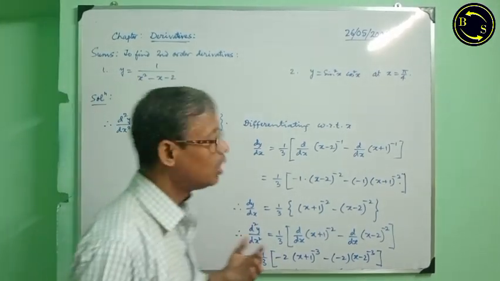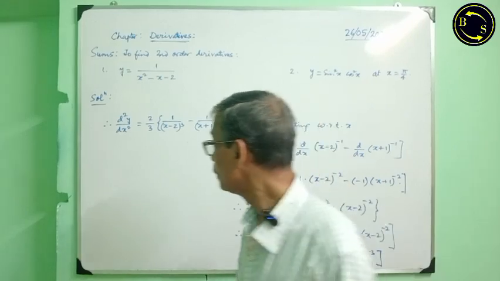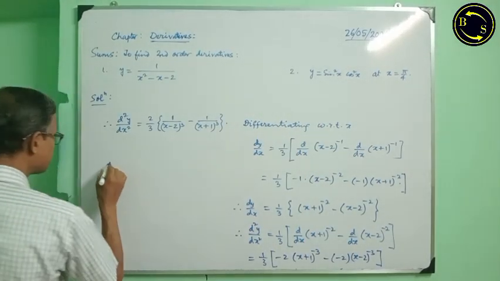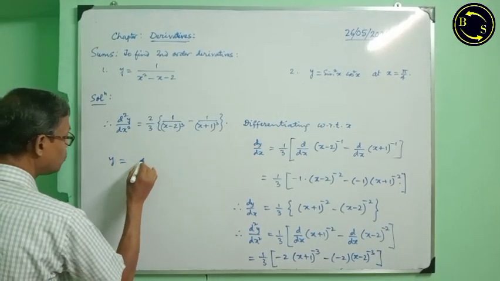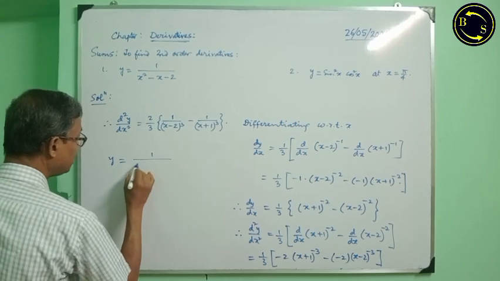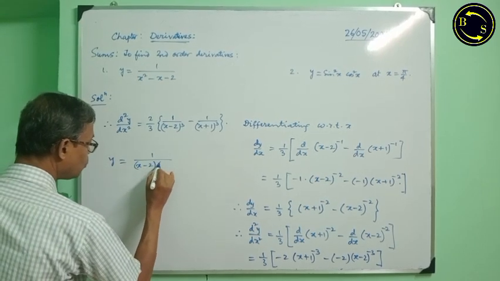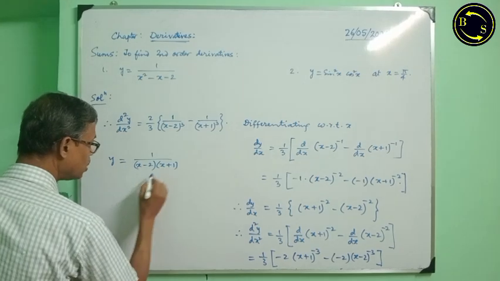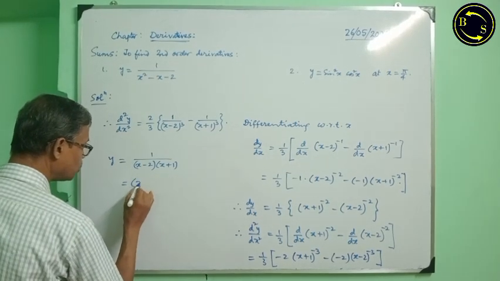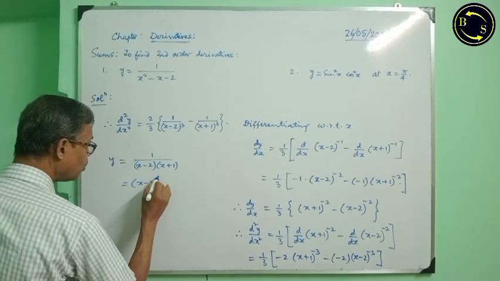Therefore, we have found the second order derivative. One thing: I have expressed y is equal to 1 by (x minus 2) into (x plus 1).